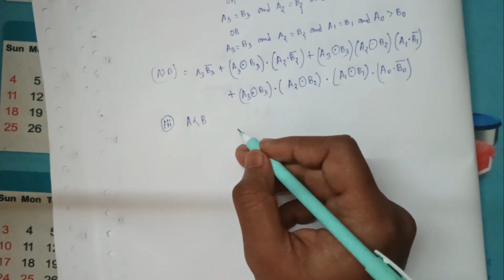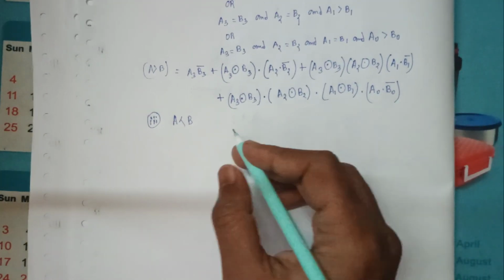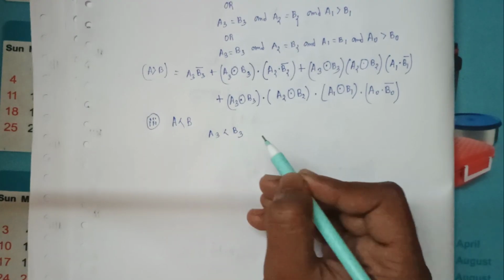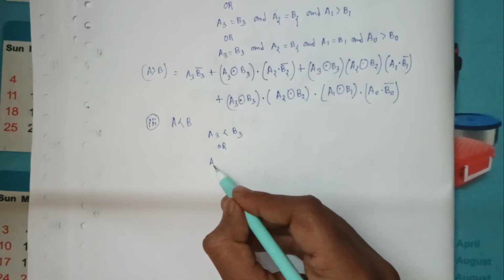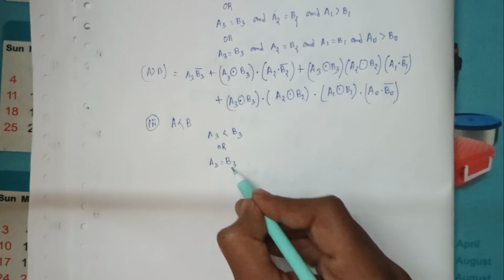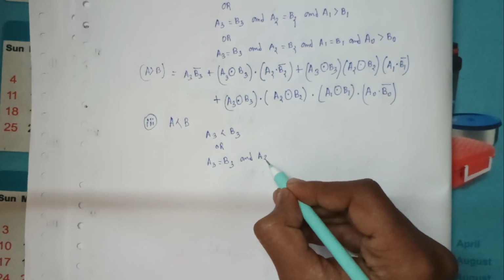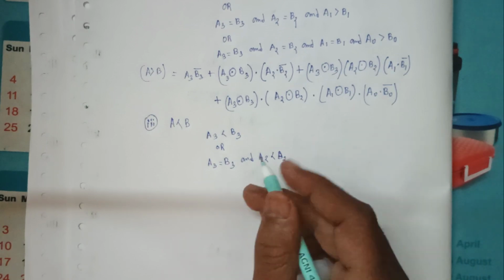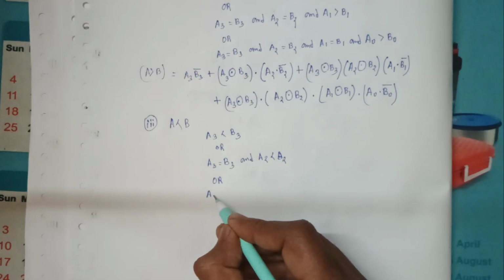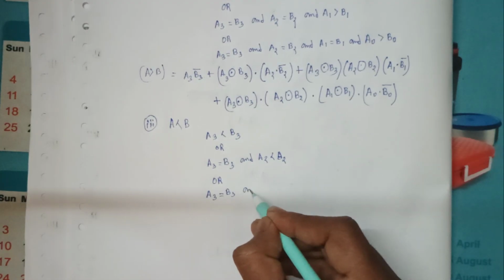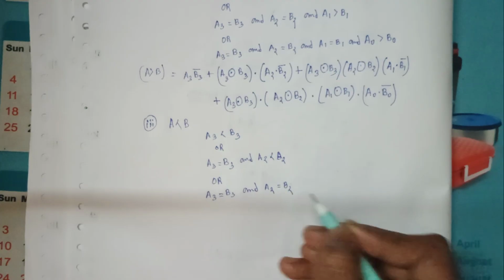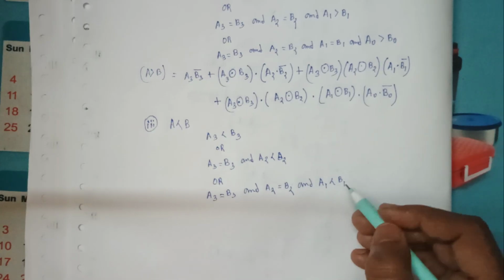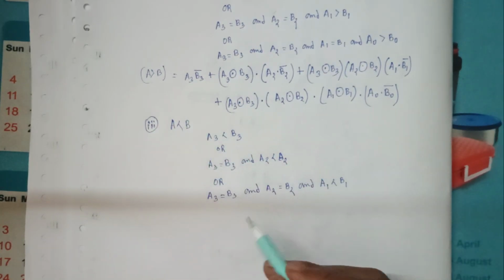For A less than B, the conditions which must be satisfied are: A3 must be less than B3, or if A3 is equal to B3, then A2 must be less than B2, or if A3 equals B3 and A2 equals B2 and A1 is less than B1, then also this can be said.